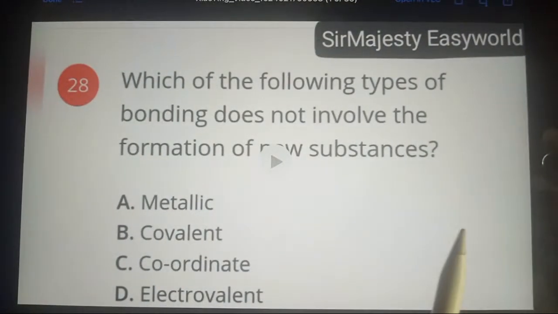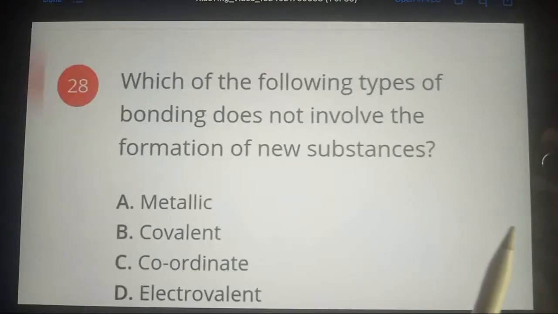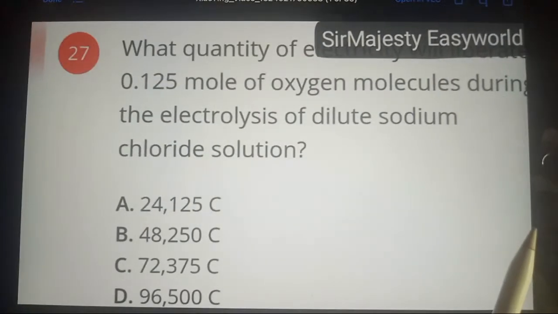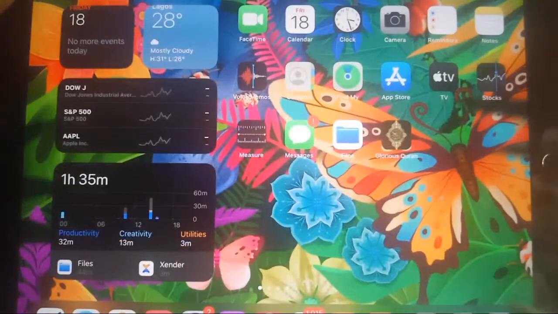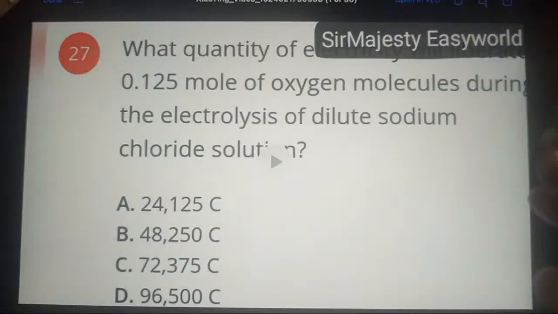They asked us the quantity of electricity that will discharge 0.25 moles of oxygen during the electrolysis. The calculation is simple.